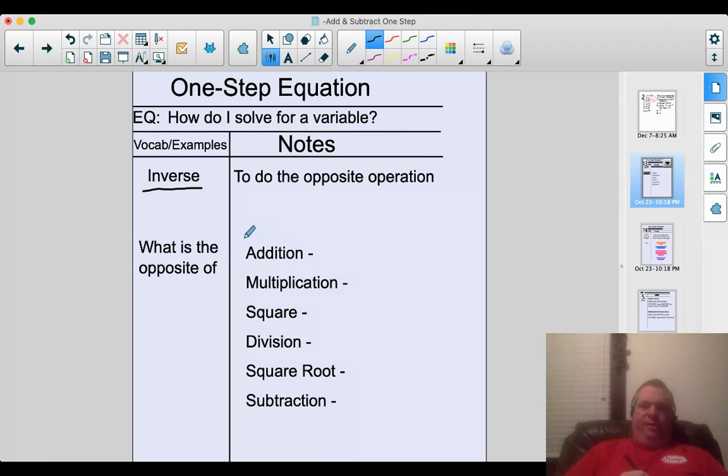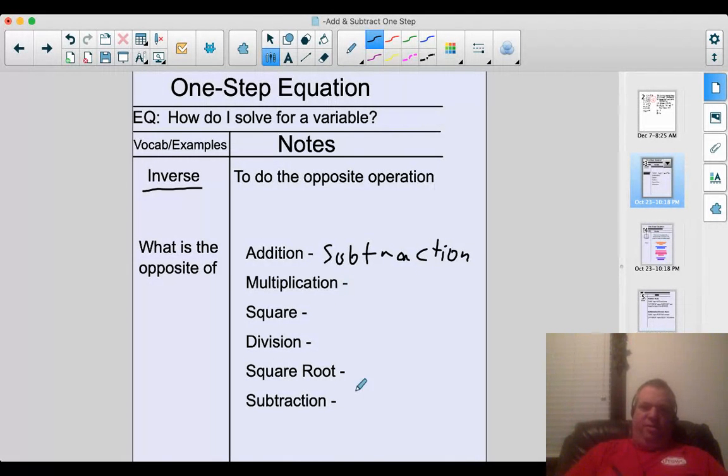So an example is if I were to add a number and I wanted to undo that to get back to where I started, the way I would do that is by subtracting. So the opposite of addition is subtraction. Okay, if you think of a number, add 10 to it, and then subtract 10, you'll end up back where you started, because those undo each other, right?